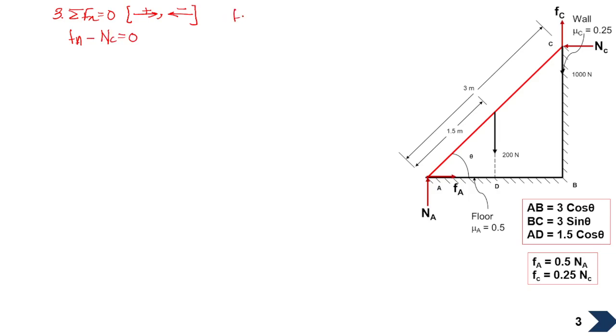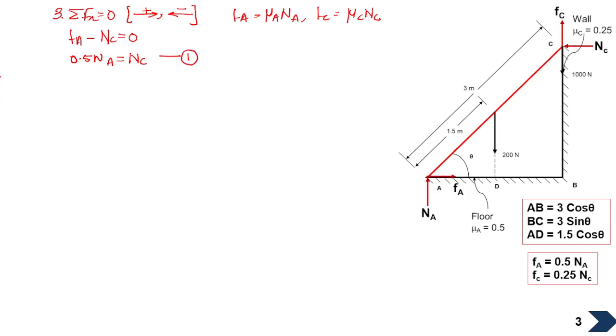We already know that FA equals mu A into NA, and similarly FC equals mu C into NC, from the standard formula of frictional force, mu into N. So we can write FA as 0.5 NA, and this is equal to NC. We can call this equation 1.